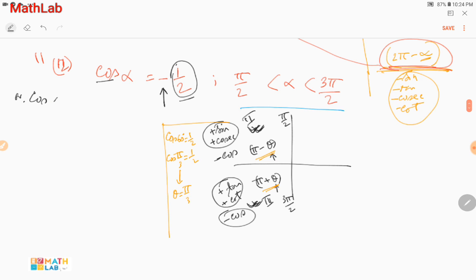Now cos alpha equals minus half. Why do we calculate for quadrant 2 and 3? Because in both quadrants cos is negative, and here cos is negative. So that will be pi minus theta, where theta is pi by 3, and for the second angle, the third quadrant, pi plus theta.